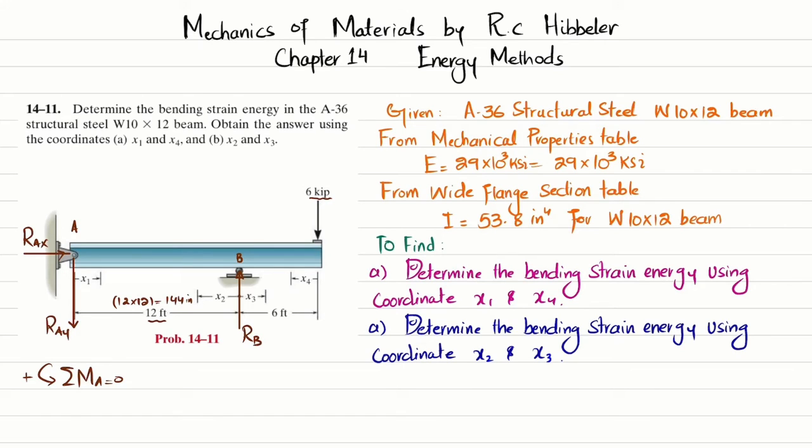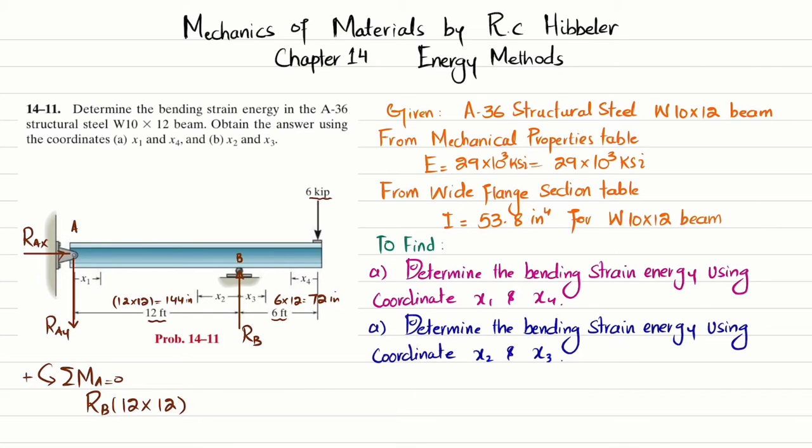And this 6 feet is 6 multiplied by 12, which is 72 inch. Sum of all moments about point A is 0. The first moment is RB times the perpendicular distance, and it produces counterclockwise moment, so it is positive. I will write RB multiplied by 12 multiplied by 12.